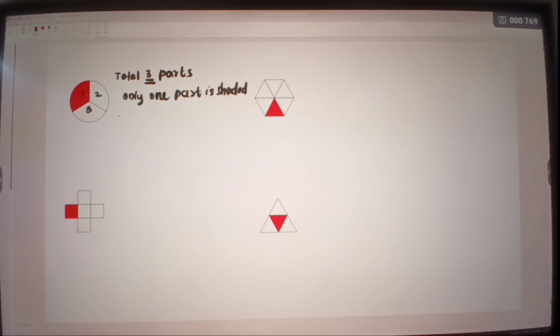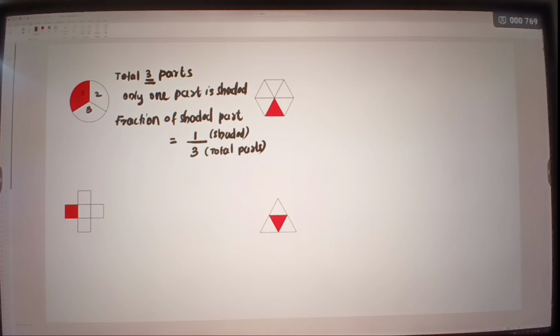That means the fraction of the shaded part is equal to one part shaded over three total parts. The bottom number represents the total parts the shape is made up of.